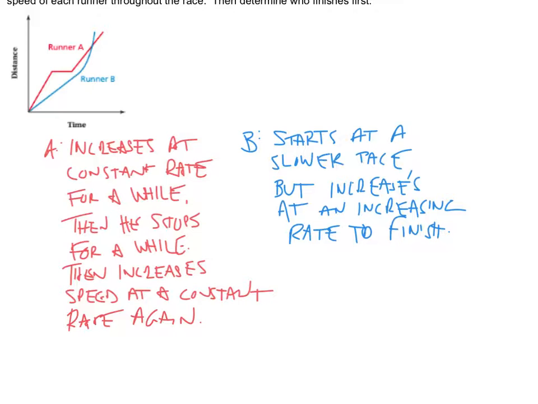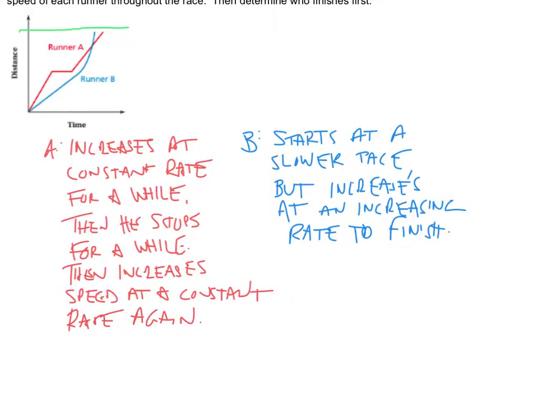So then the last question says, well, who wins the race? Well, again, the finish line is set at a certain distance. We don't know what that distance is, but I'm going to use that green line as showing us the distance. And the question is, who hits it first? Our first reaction, I think, by a lot of us, is to say, oh, well, the red one's in front, so they're in first place.